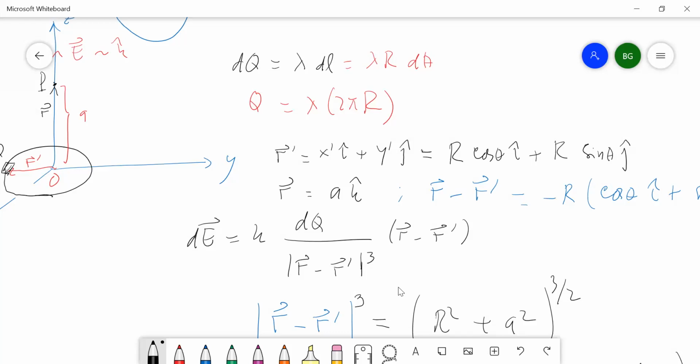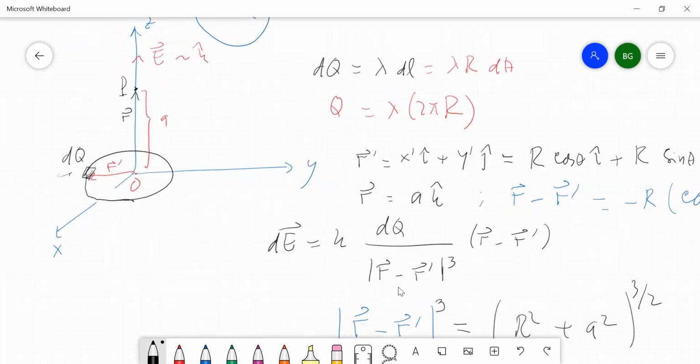And the field coordinate is A, you can see from the figure, A times k hat.